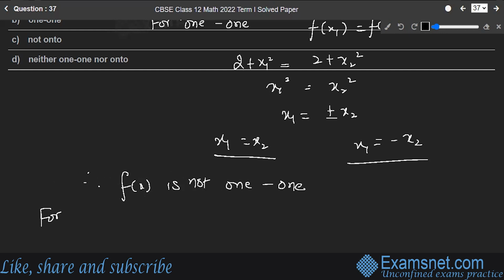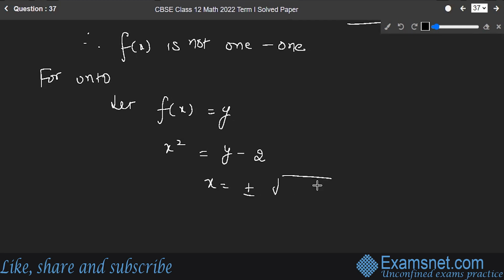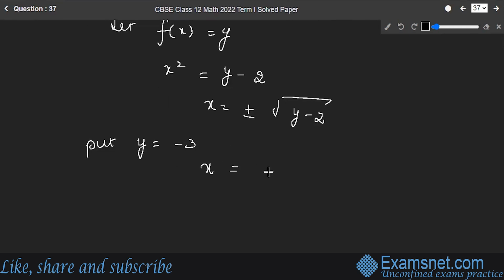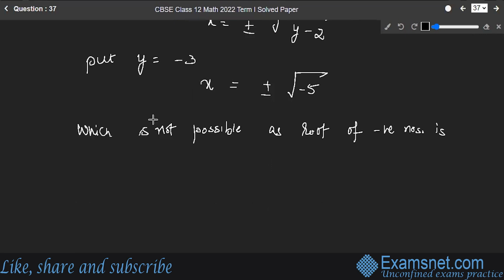Let's check for onto now. So for onto, let's say f(x) is equal to y such that x square is equal to y minus 2, or x is equal to plus minus root of y minus 2. If I put y is equal to -3, we'll get x as plus minus root of -5, which is not possible as the root of a negative number is not a real number.